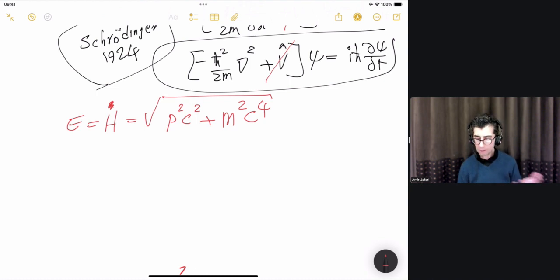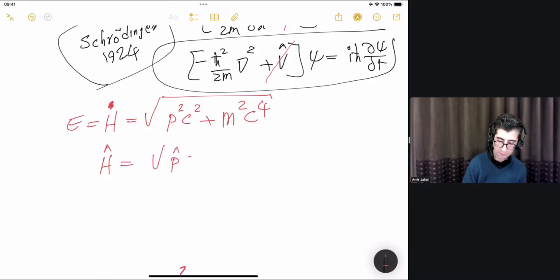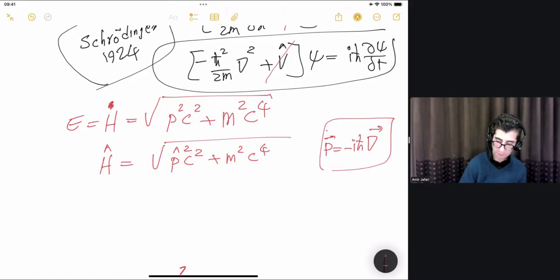Okay, and then say, okay, this is the relativistic expression. I can make it an operator by writing p as an operator. Again, p is given by minus iħ gradient. It's the momentum operator. So I have an operator for the Hamiltonian. But the problem is that if you use this Hamiltonian, you have to deal with this difficulty. Let me write it.